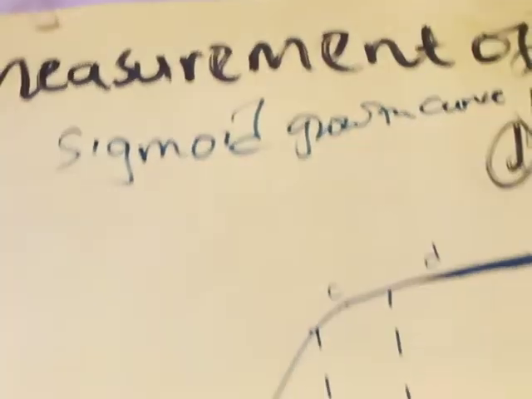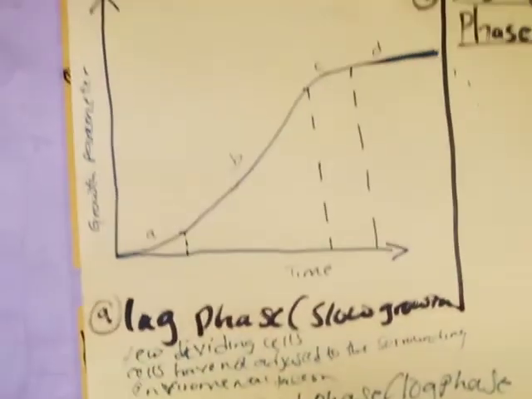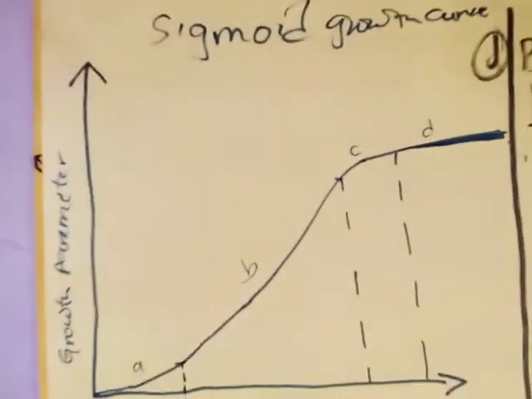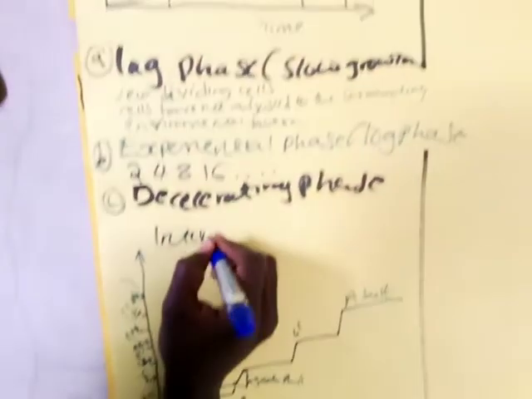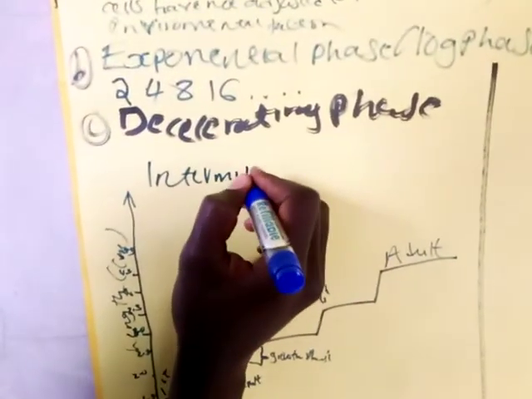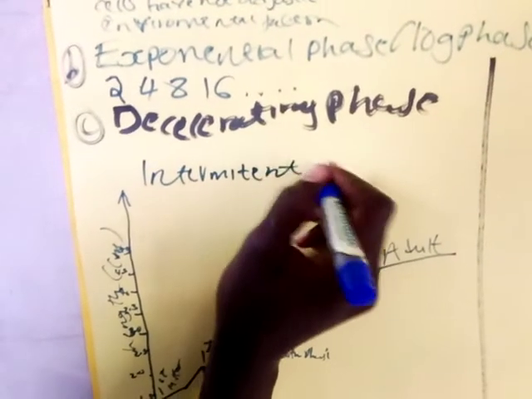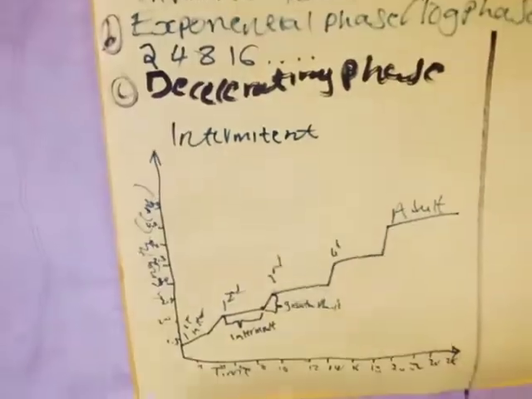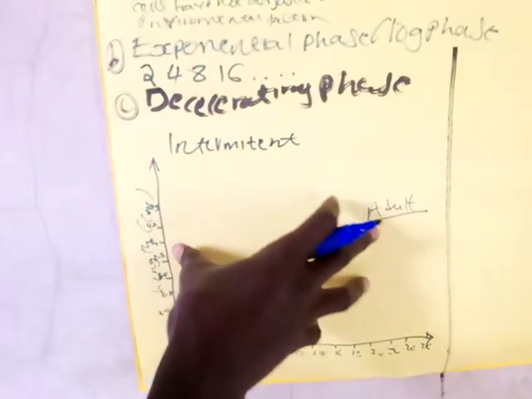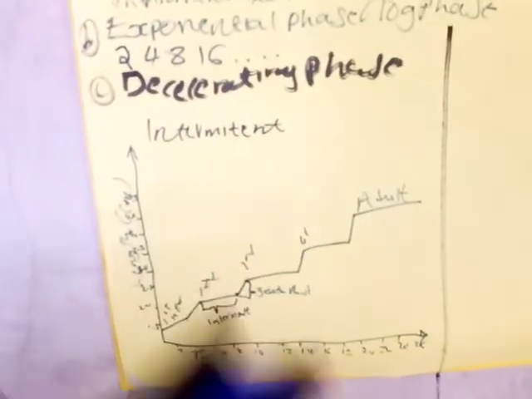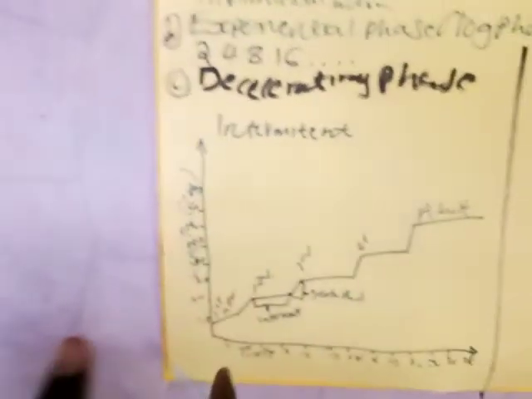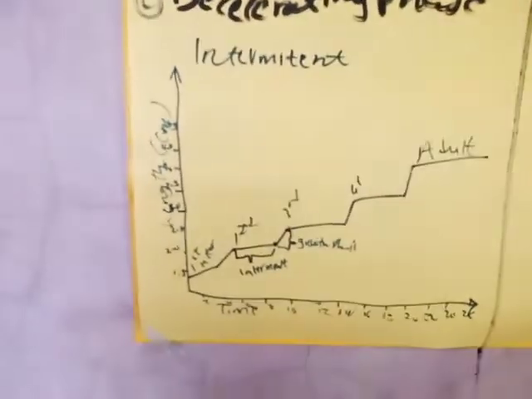And another type of growth curve that we've learned about is the intermittent growth curve. You realize that the intermittent growth curve mainly is found in arthropods, and we've used an example of the insects.